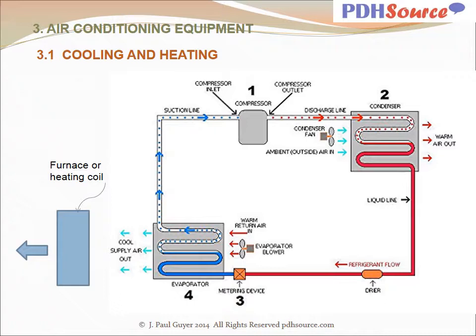Now, we just finished talking about the refrigerant cycle. That's what is needed to cool the air. But you also want to heat the air during the winter when it's cold outside.